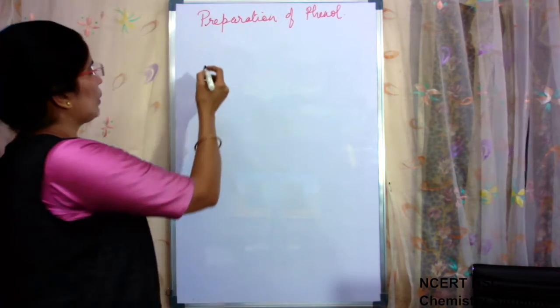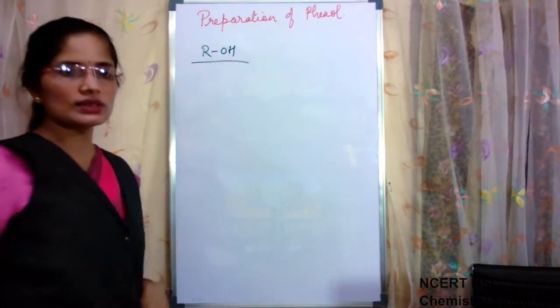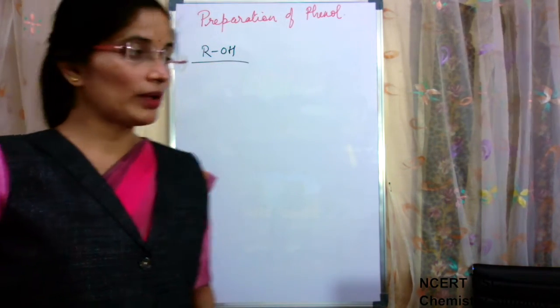that is alcohol, ROH. The preparation of alcohols is very easy from haloalkanes.